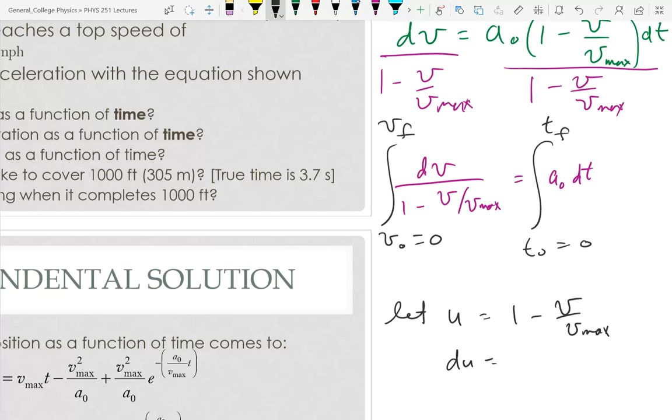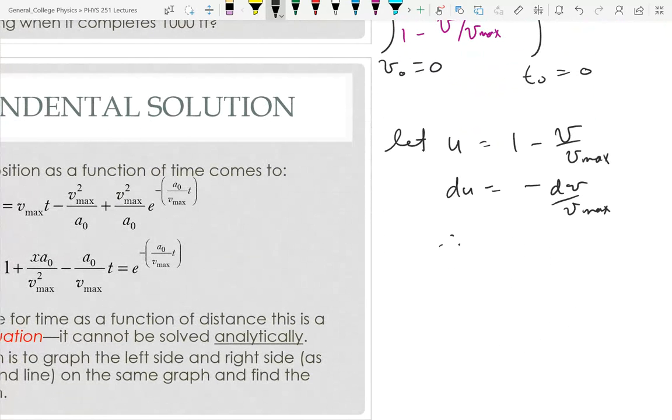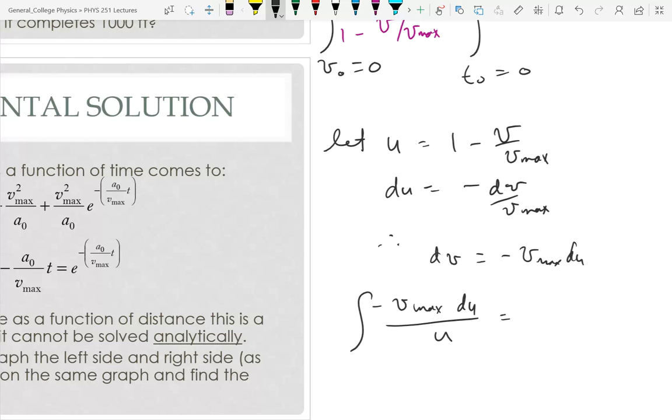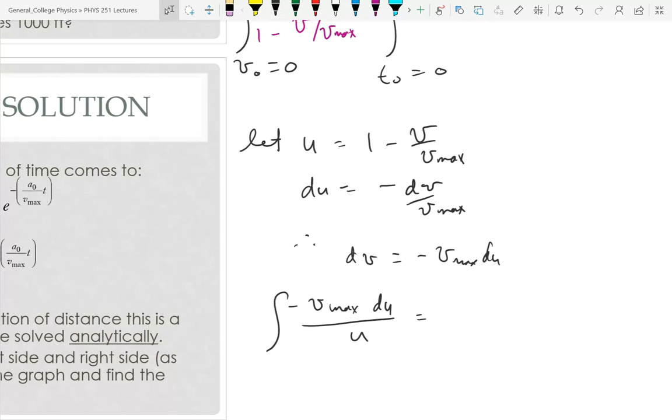So du is equal to minus dv over v max. Therefore, dv is equal to minus v max du. Then I can rewrite that left integral as the integral of minus v max du over u. Notice I didn't write the limits down, because after I get my answer, I'm going to put back in u, and then I'm going to apply my original limits.